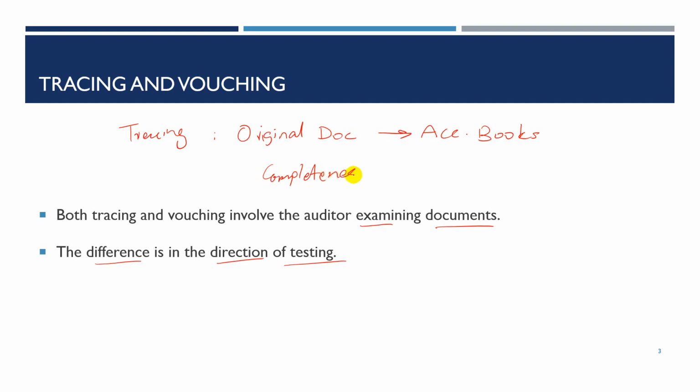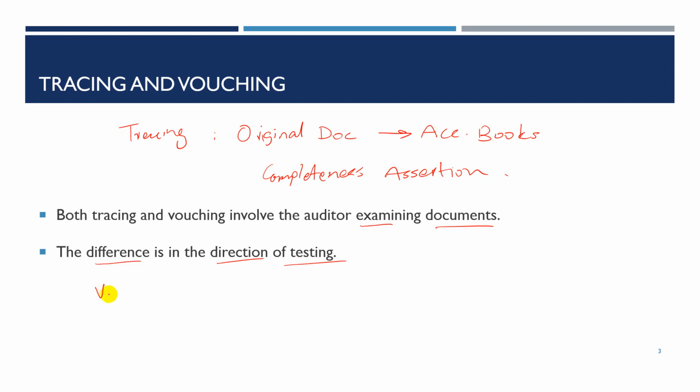So via tracing, the auditor can verify whether transactions or balances that should have been recorded have actually been recorded. Therefore, the auditor may detect any misstatement that could occur due to the omission of transactions from the financial statement.